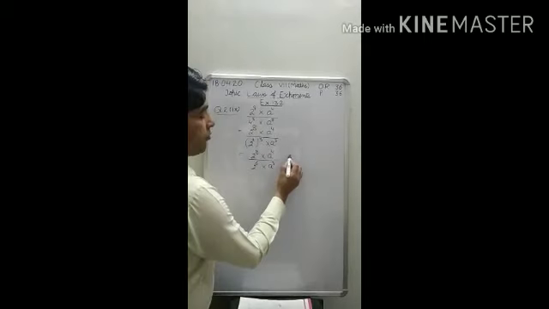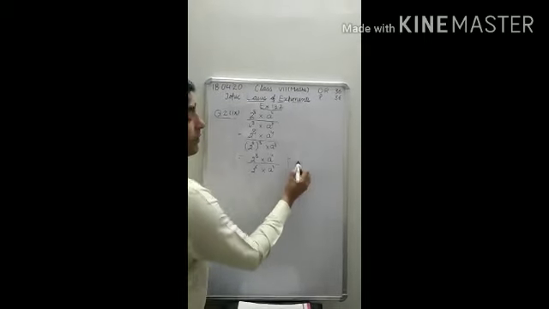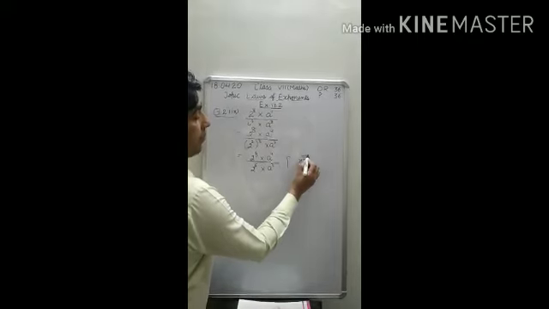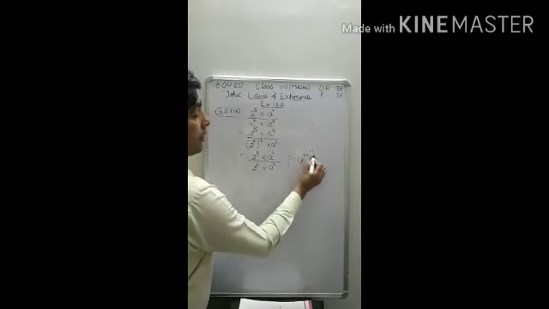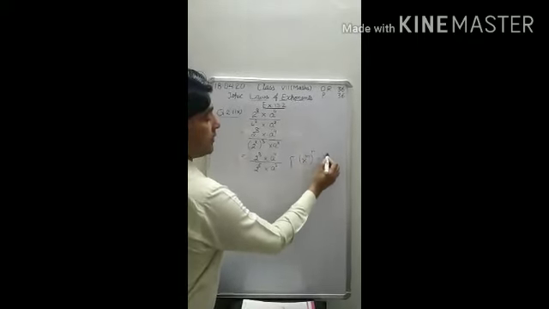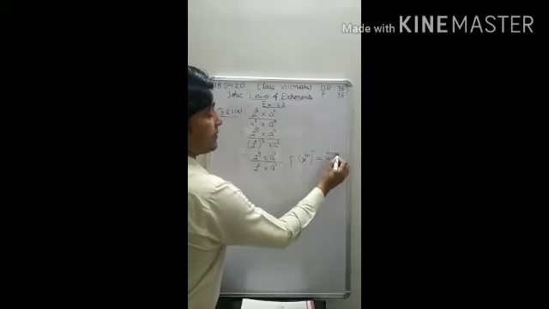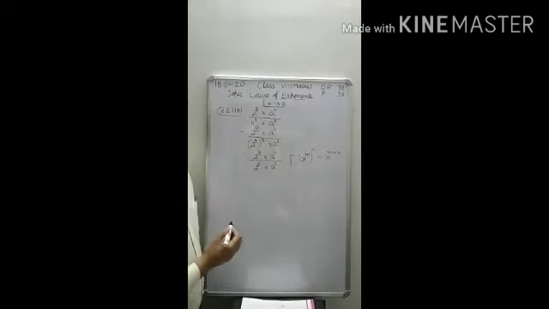And the identity you have used, you should mention here: x raised to the power m, whole raised to the power n, is equal to x raised to the power m into n.